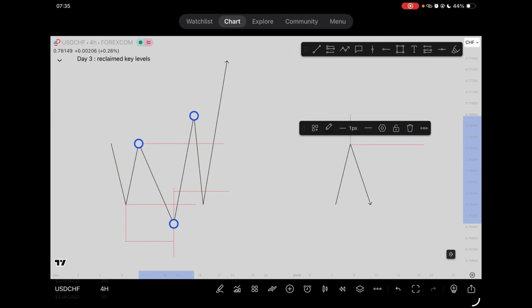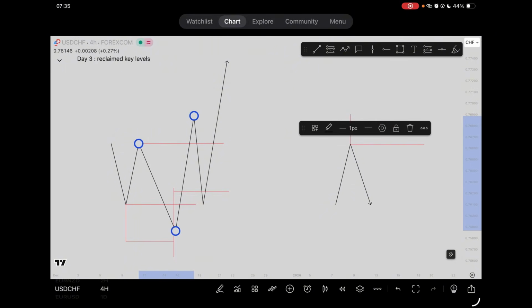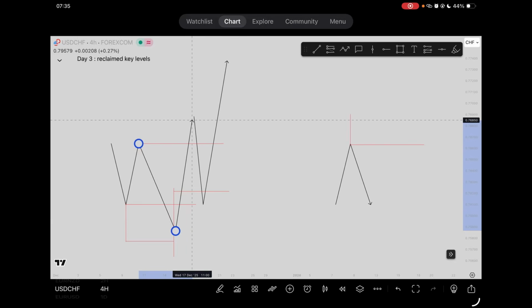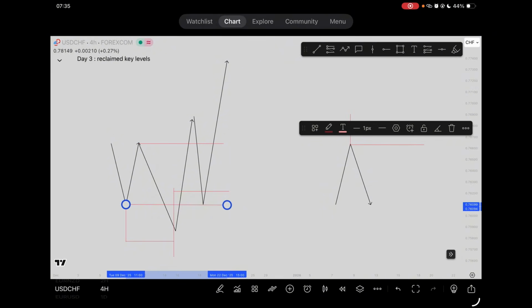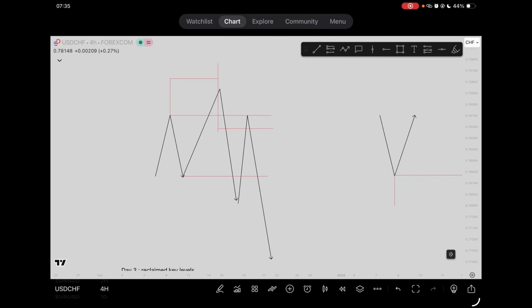Instead, it comes here and still goes up. Do you understand? There are some cases where price will also break below right here and still come inside here and break above. In these cases, this is the key level that you're going to use to continue the buy. Do you understand?